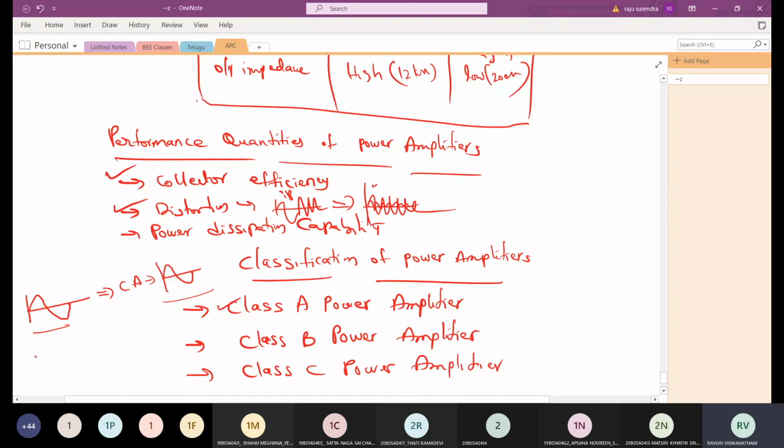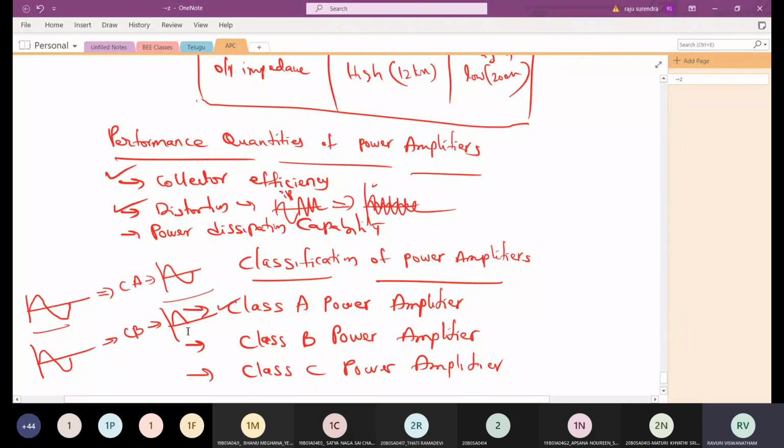Coming to the same sinusoidal input signal applied to the class B power amplifier, here the collector current flows only for the positive half cycle of the input signal.